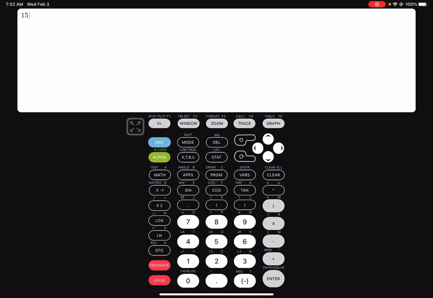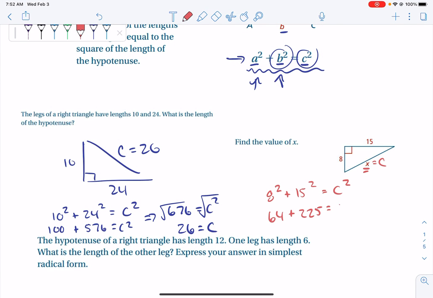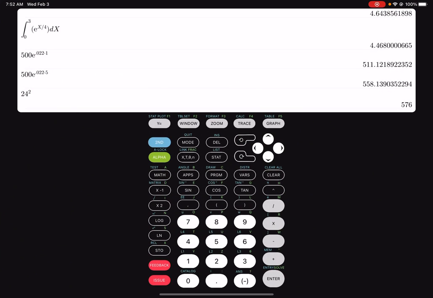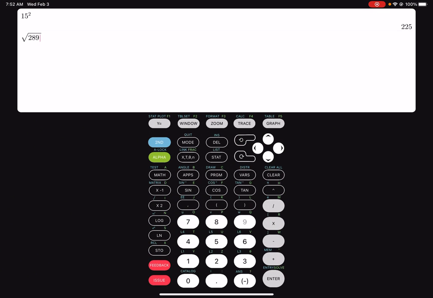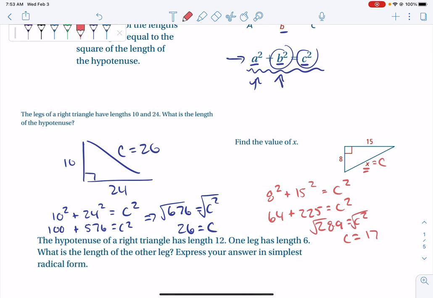Yep, 225. 64 plus 225 equals C squared. So 289 is equal to C squared. When I square root both sides, I get my C value. So I do square root 289, and I get 17. So C is equal to 17.